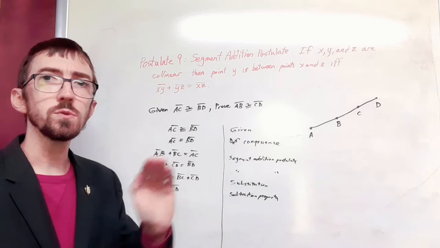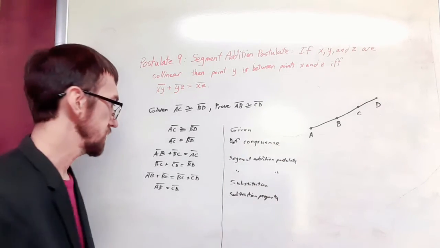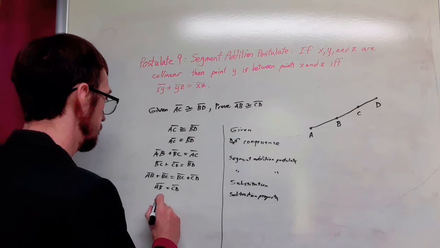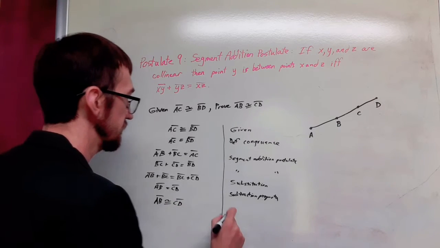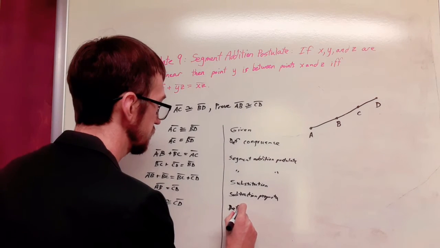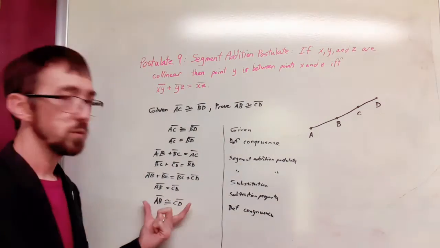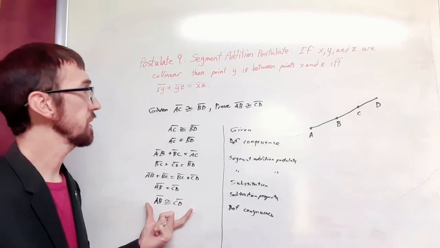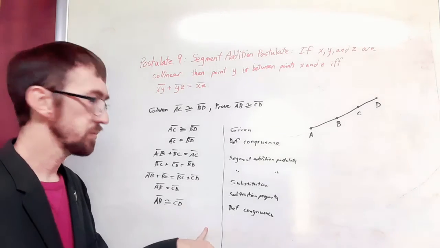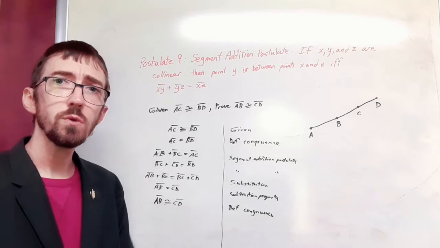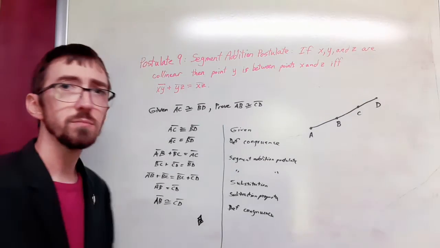And to switch from the equals to the congruence, I'm just going to reuse the definition of congruence to switch those signs. So I'm going to go AB is congruent to the segment CD, and that's definition of congruence. And at that point, I have, as my last line here, what I was trying to prove. So you can put your completion mark there. We have demonstrated what we were supposed to demonstrate. So this proof is complete.